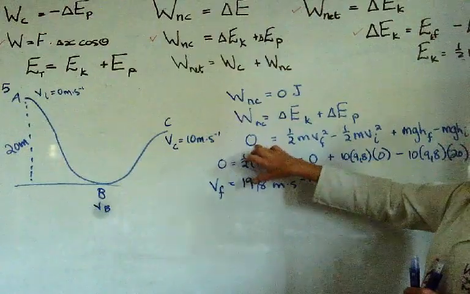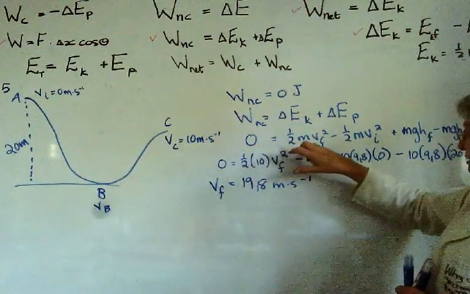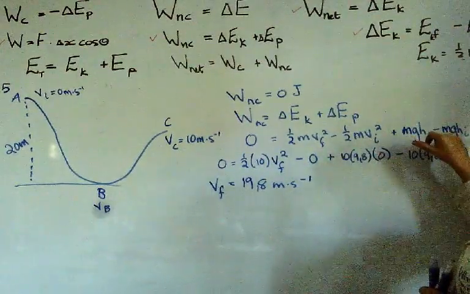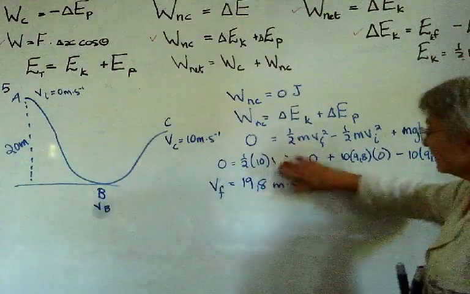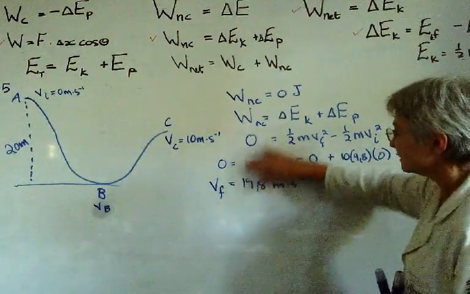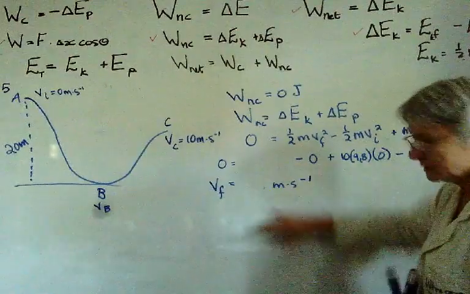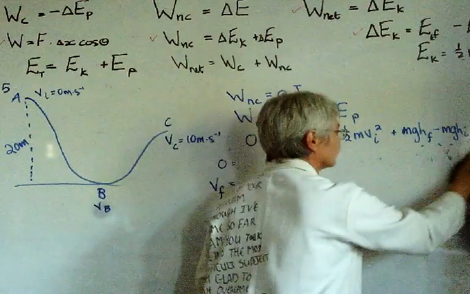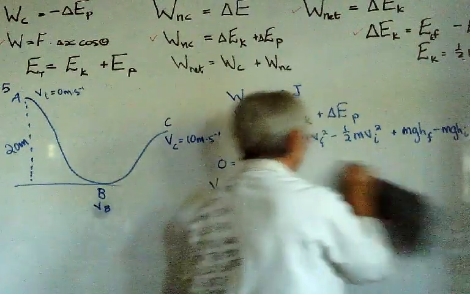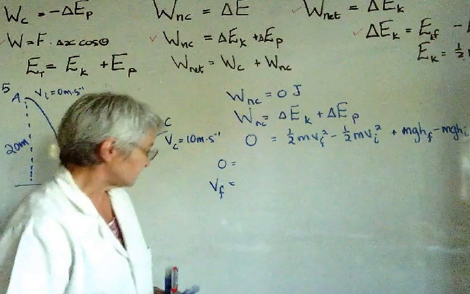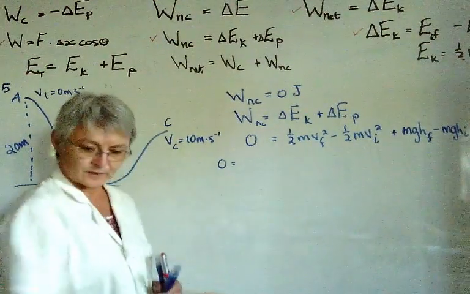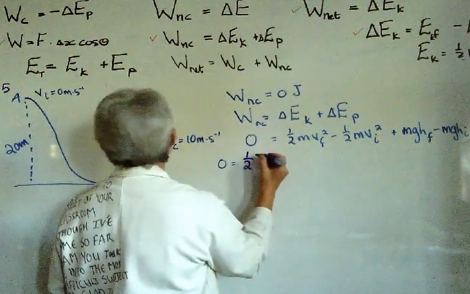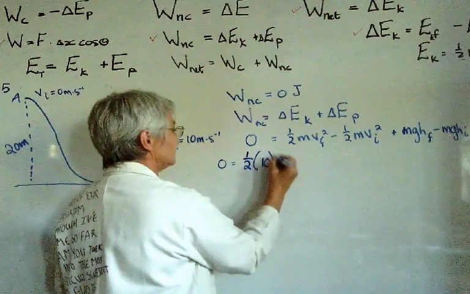Now, I'm going to use the values that they've got for C. They want height, not V. So it would be a half times 10, times 10 squared for final velocity at C. The initial velocity at A is still 0. I don't have to use B.